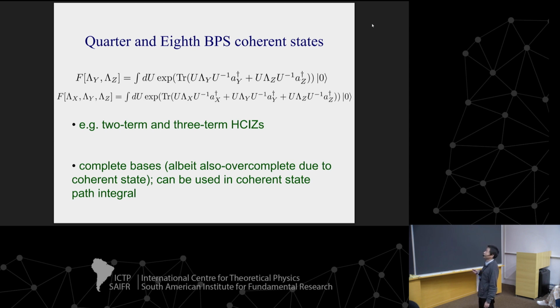We can also have three matrices with three matrix coefficients, lambda_Z, lambda_Y, and lambda_X. And the states are 1/8 BPS if lambda_Z, lambda_Y, lambda_X mutually commute. The correlation functions of the operators and the inner products involve two-term and three-term HCIZ integrals because of the U integral.